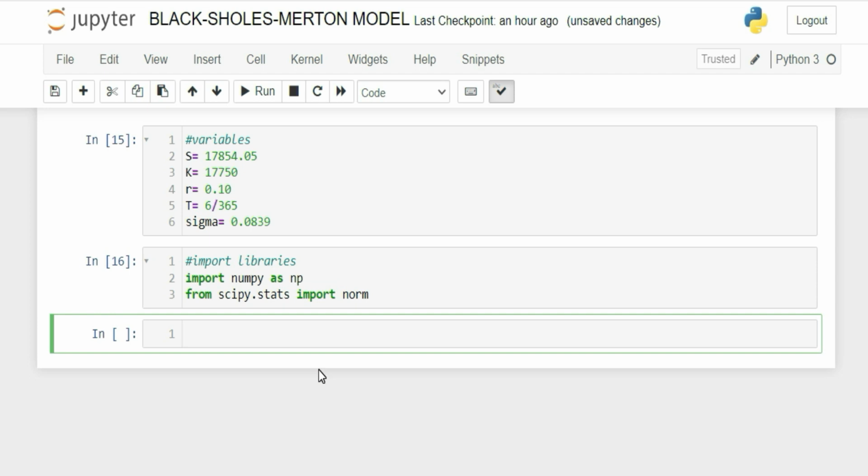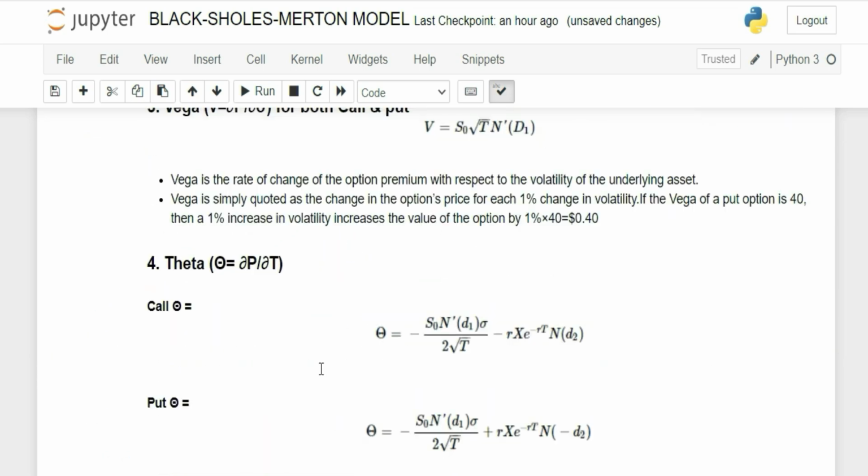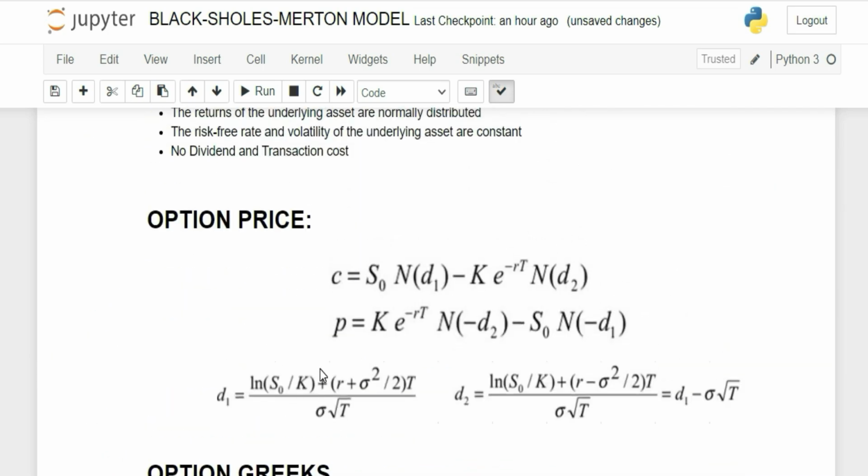First of all, let's see the mathematical equation of the call price. This is the put price. The call price is S0 N(d1) minus K e to the power minus RT into N(d2), and the put price is K e to the power minus RT into N(minus d2) minus S0 N(minus d1).